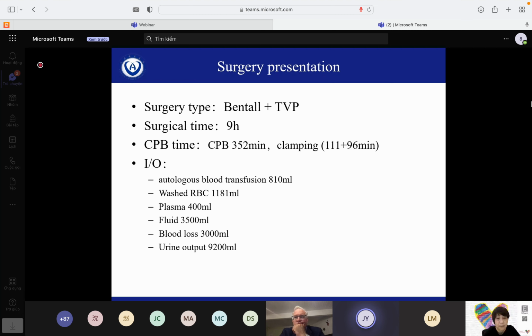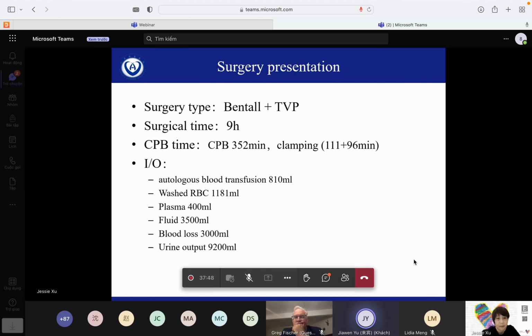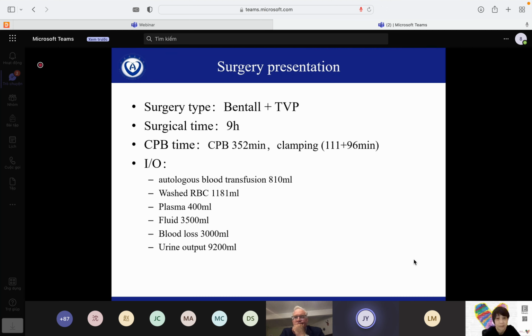The surgical time was 9 hours. The total CPB time was 352 minutes. The patient received cross clamping 2 times.